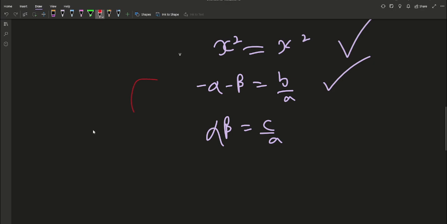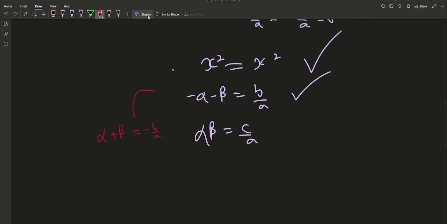So alpha plus beta equals minus b over a. So now this is our first Vieta's formula for quadratic equations. And this is our second one.